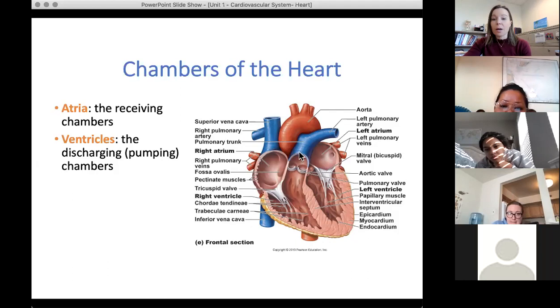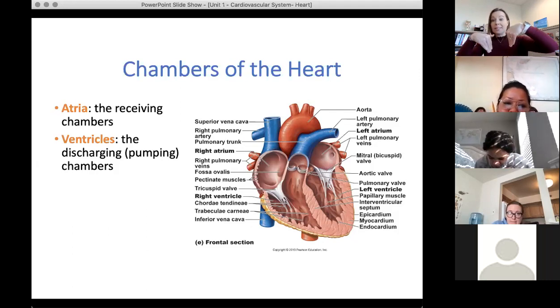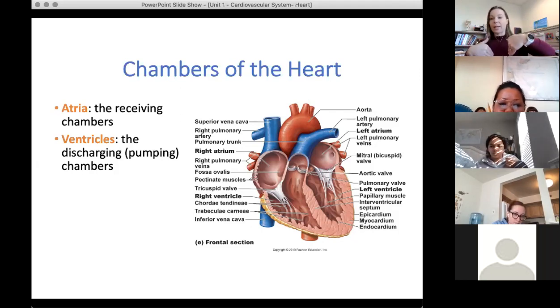Then these valves close, and just like the cuspid valve, it's never going to open this way to allow blood to sink back down into the ventricle. So it closes and that's it. It's never going to open back up the other way. Same thing for the one at the entrance to the aorta. It opens one direction to let blood come out of the ventricle, and then it closes again. So it's going to prevent blood from going back the wrong way.